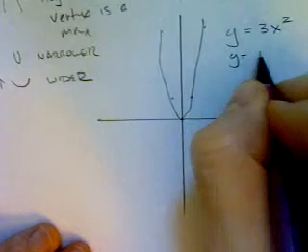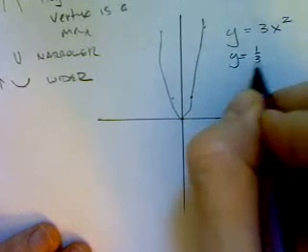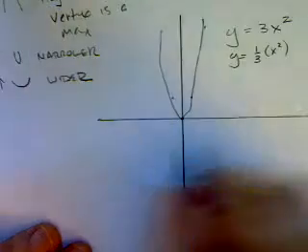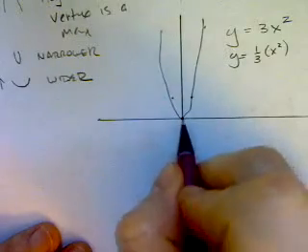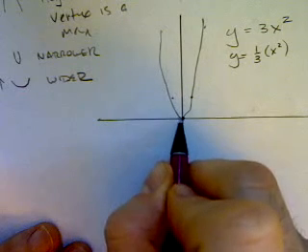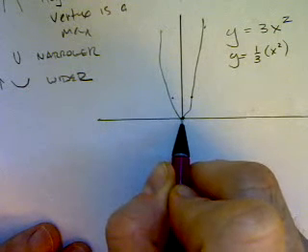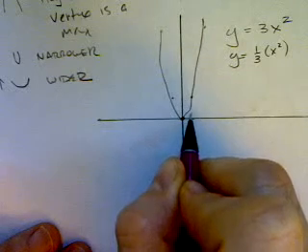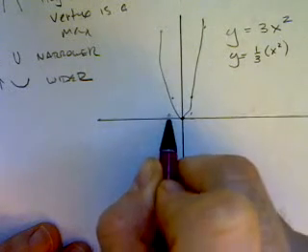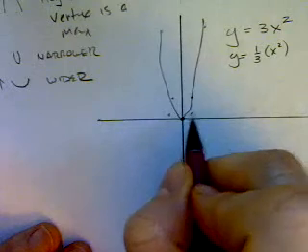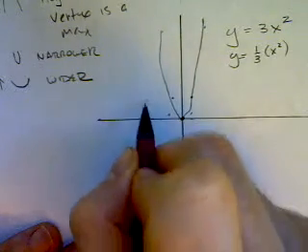If y equals 1/3 x squared, again, if x is 0, y is 0, but if x is 1, y is only 1/3. If x is 3, y is 1, 2, 3, y is 3.